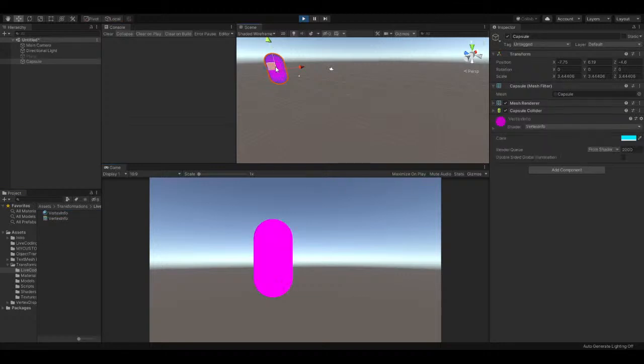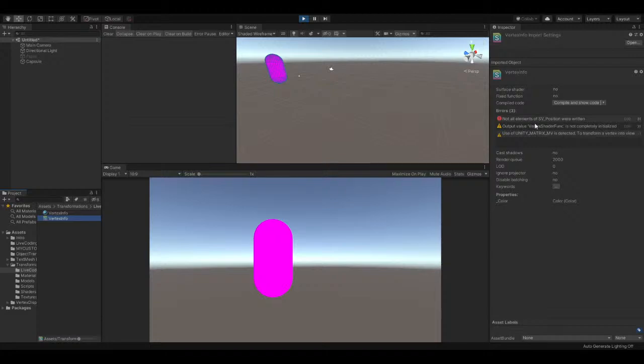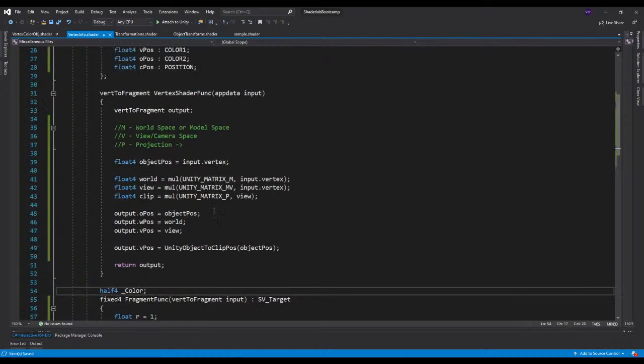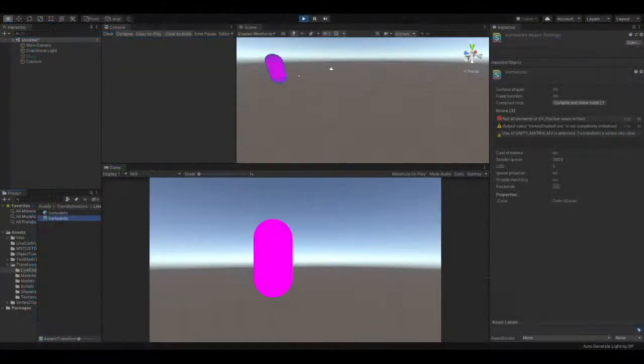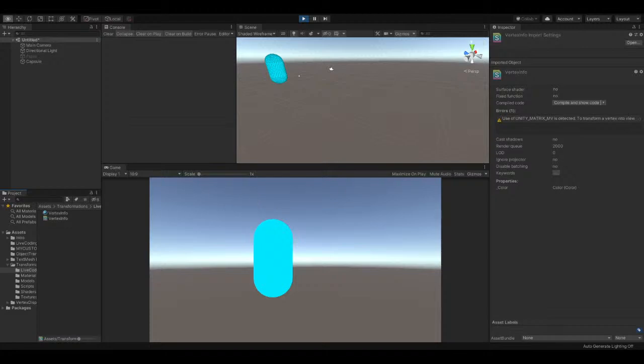To apply this, there is an error somehow. Not completely initialized. Nice. So when you say it's not completely initialized, that means W pos is here, V pos is here, object pos is there. Yeah, this has to be C, clip pos. Perfect.